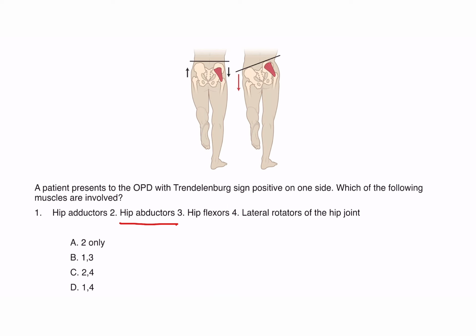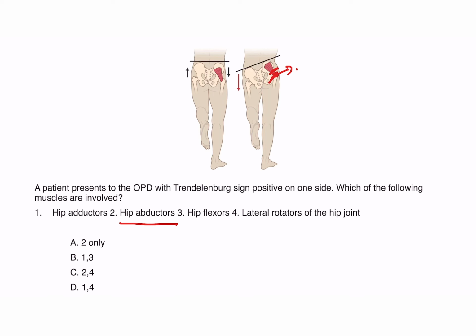If there is an injury to gluteus medius and minimus, or the muscle has gone for necrosis or stretching or contracture or whatever it is, you can still have a Trendelenburg sign positive. Or if the insertion of gluteus medius and minimus into the greater trochanter is injured, you can still have a Trendelenburg sign positive. If there is an intertrochanteric fracture, Trendelenburg sign positive. If there is a neck of femur fracture, Trendelenburg sign positive. If there is a hip dislocation, Trendelenburg sign positive.